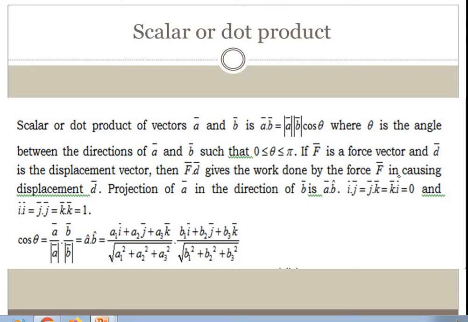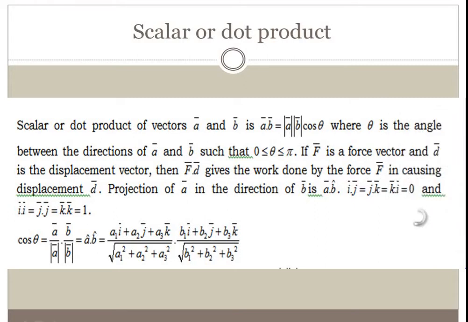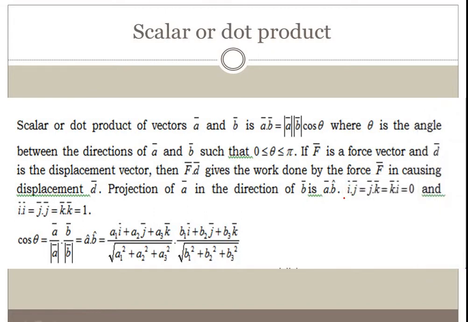Also, one most important result is that i bar dot j bar is equal to j bar dot k bar is equal to k bar dot i bar is 0, and i bar dot i bar is equal to j bar dot j bar is equal to k bar dot k bar is equal to 1.